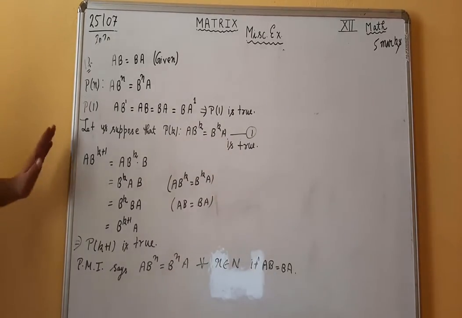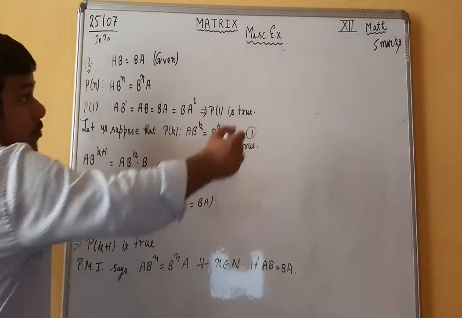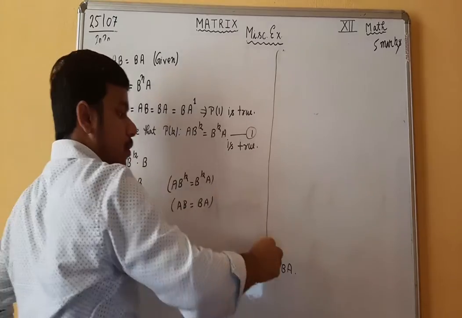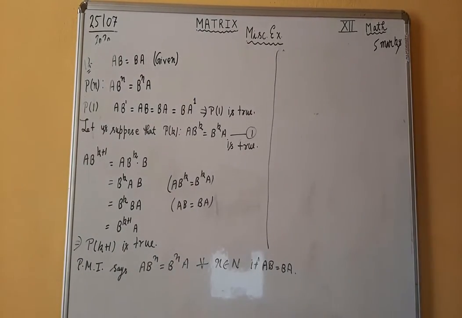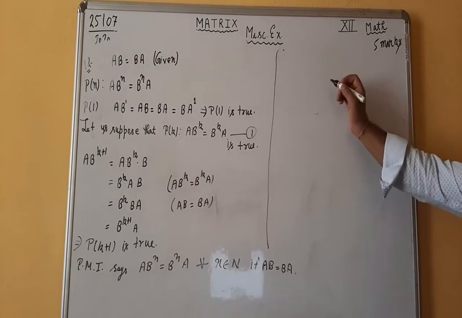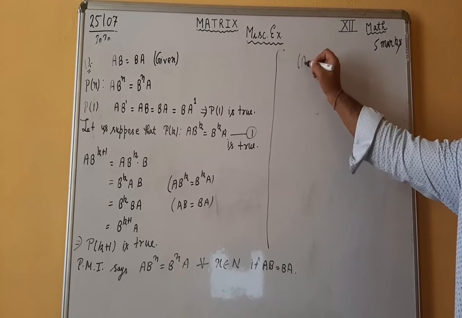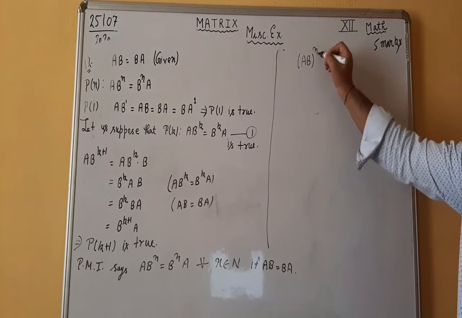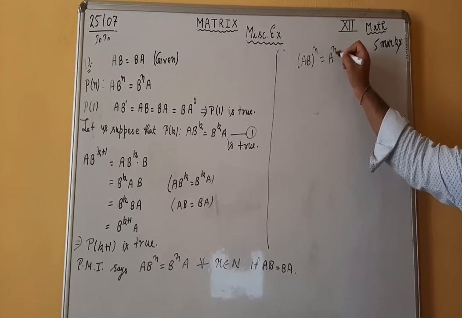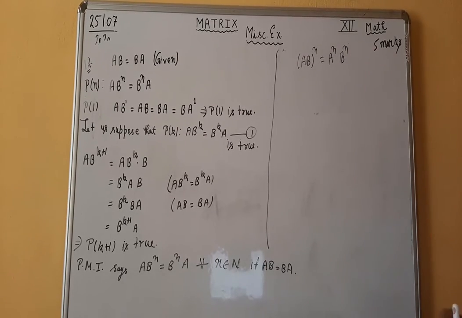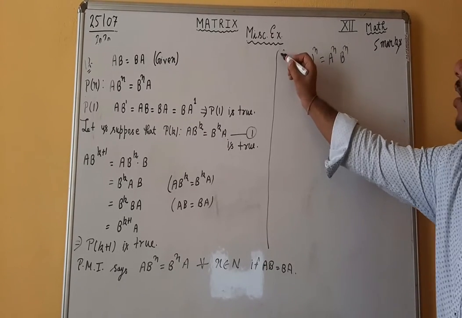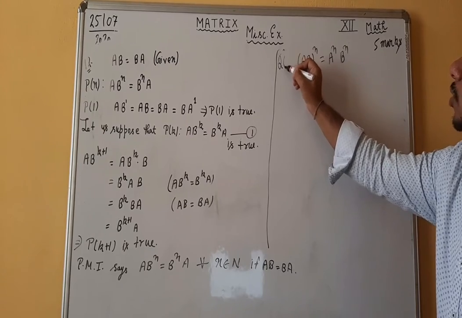With the help of this result we have to prove one more result. What is that result? We have to prove that (AB) raised to the power n is equal to A raised to the power n, B raised to the power n. See how it will be proved. Let us consider this statement as Qn.